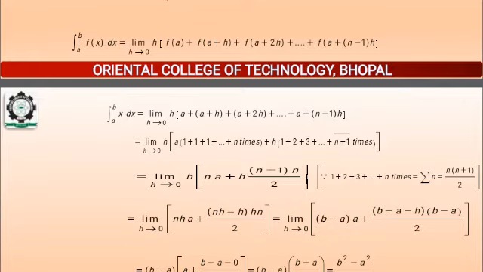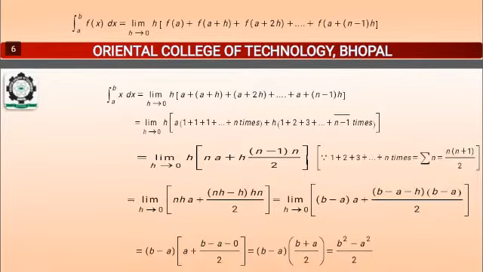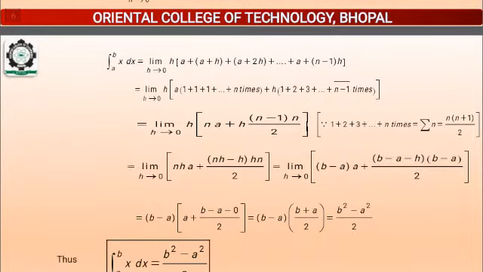Here a is n times, that becomes na, plus h times 1, 2, 3 up to n minus 1, and by arithmetic progression this can be written as (n minus 1) into n by 2. Limit h tends to 0, multiply h: nha plus (nh minus h) into nh by 2.